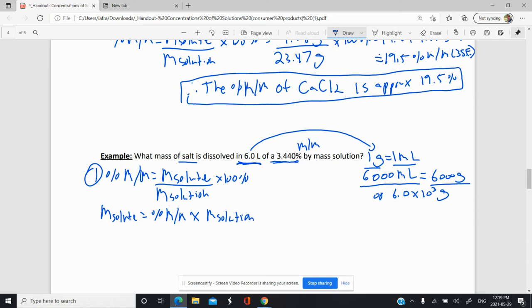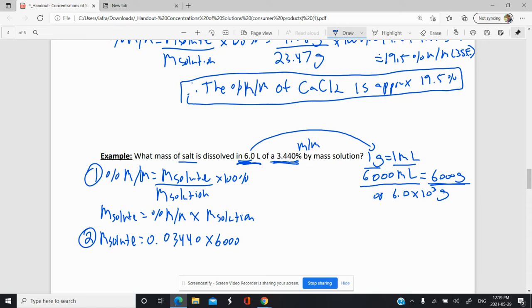So let's do step 2 here. The mass of solute, I'm just plugging in my numbers now, is going to be equal to 0.0344, that's the 3.44% in decimal form, times the mass of the solution, which we found was 6,000, or 6.0 times 10 to the power of 3, to keep our proper number of sig figs, which is 2.